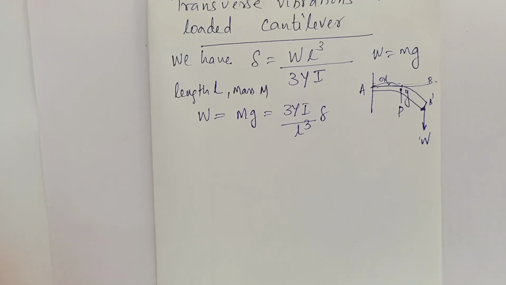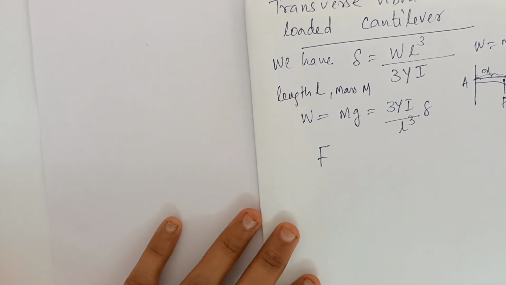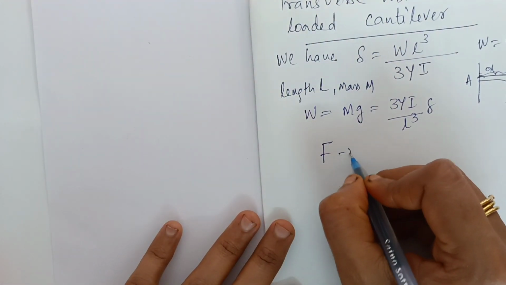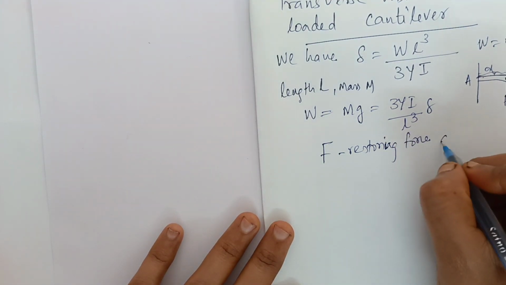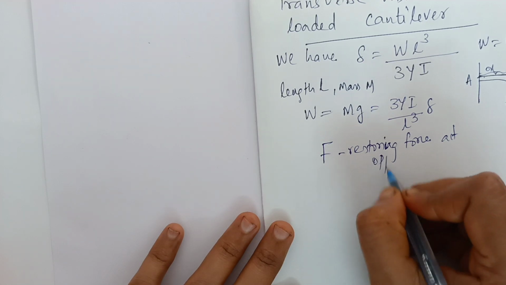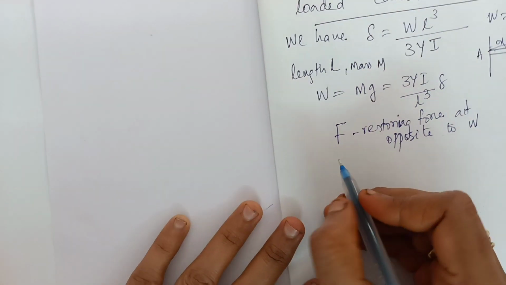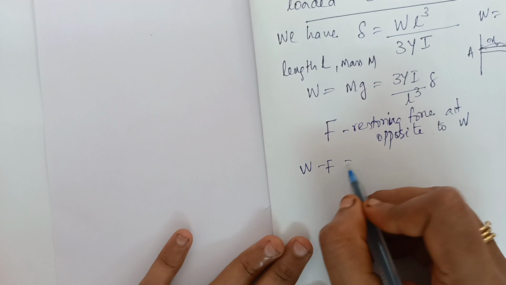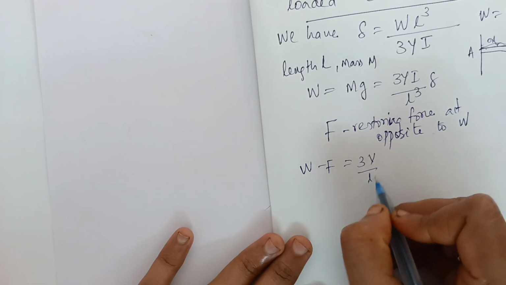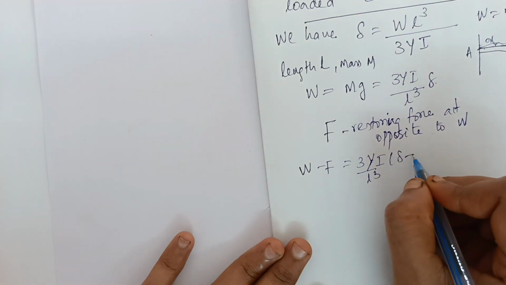Y is the displacement at any time, and there will be a restoring force acting opposite to W. Let F be the restoring force that is acting opposite to W. That is, W minus F is equal to 3YI by L cube into delta plus the depression.